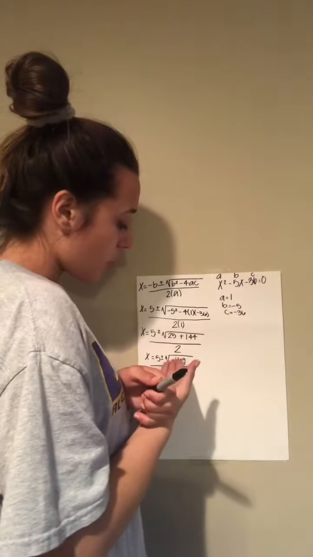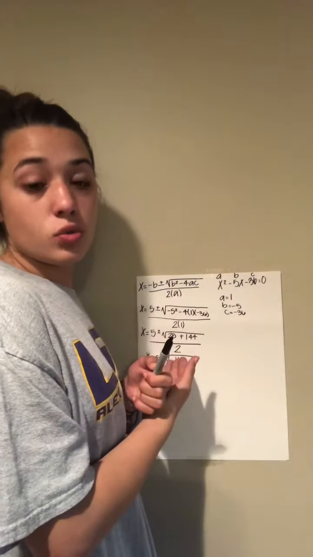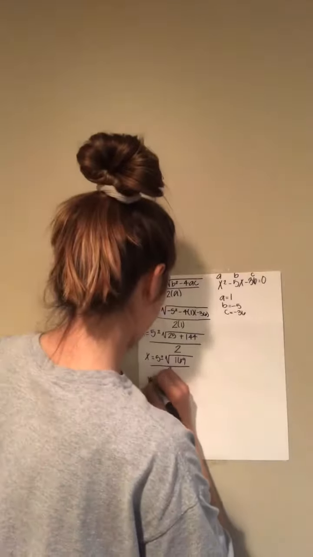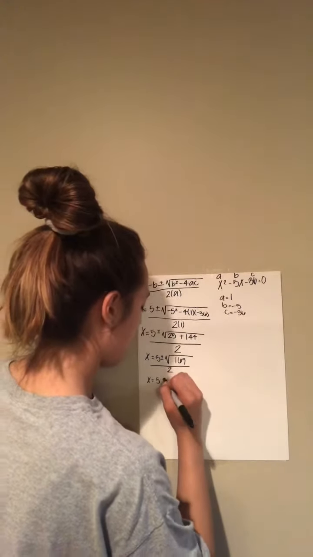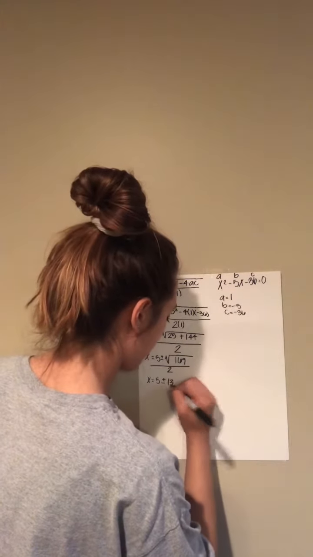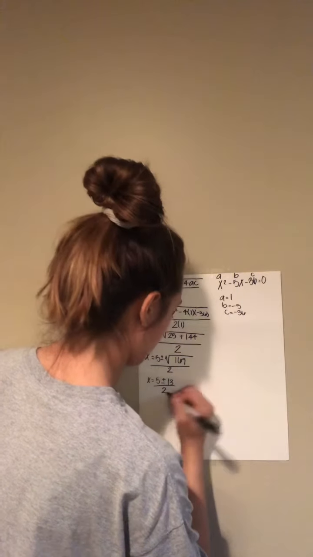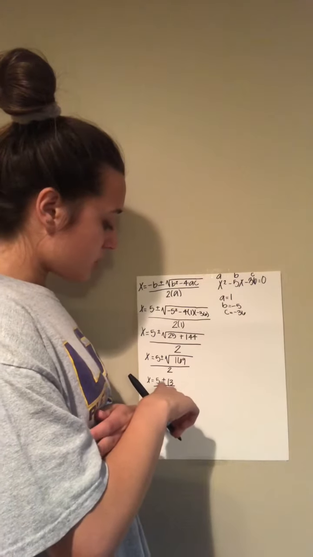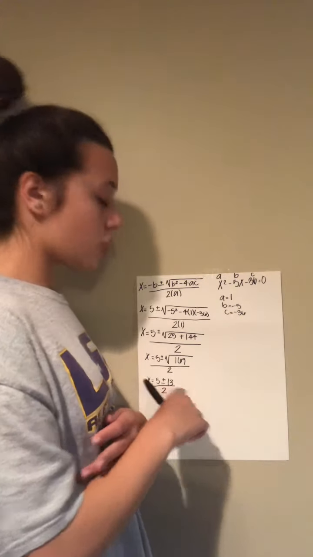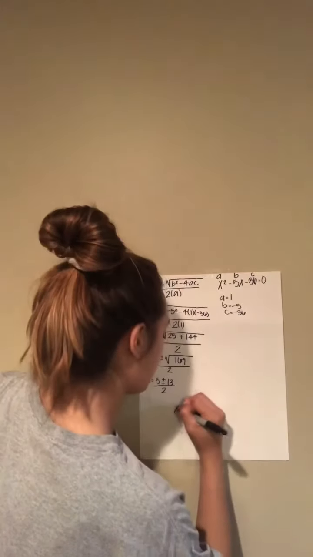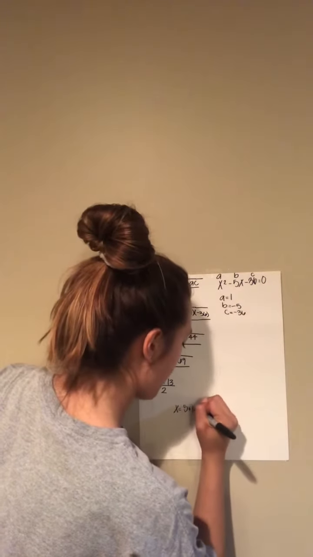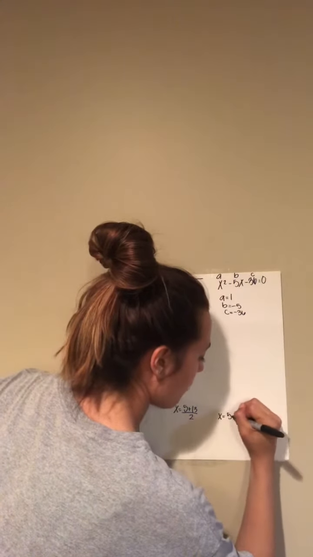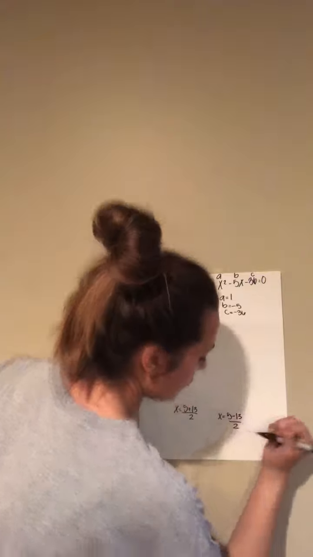Looking at this, you see that 169 is the square root of 13. So write that down. X equals 5 plus or minus 13 over 2. So the next step is to apply the plus and the minus. So you're going to have x equals 5 plus 13 over 2 and x equals 5 minus 13 over 2.